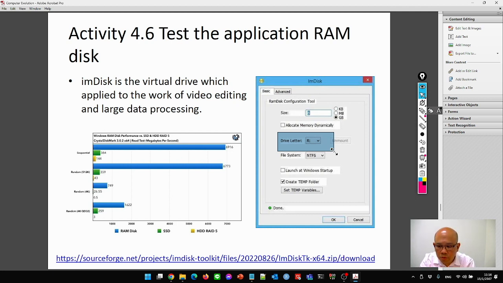For example, a computer for movie editing. During processing, the movie may be edited on the RAM disk.